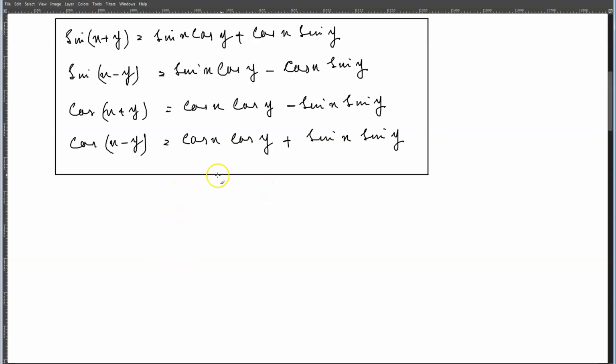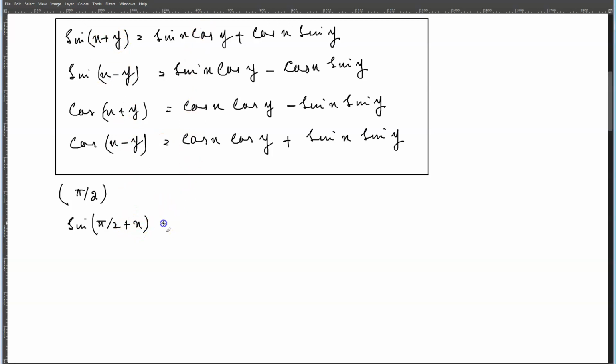So let's start with pi by 2. For example, you want to know what is the sine of pi by 2 plus x. You can use this formula here and set x equal to pi by 2, y equal to x, right?